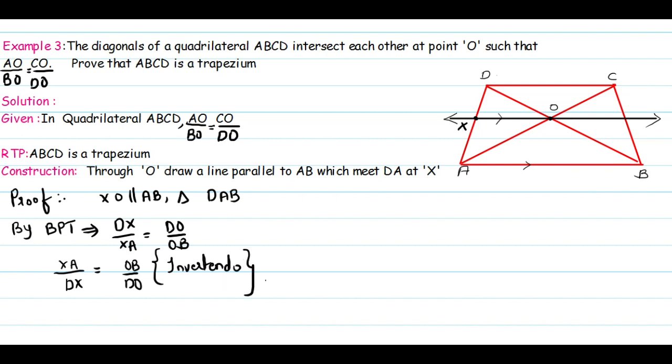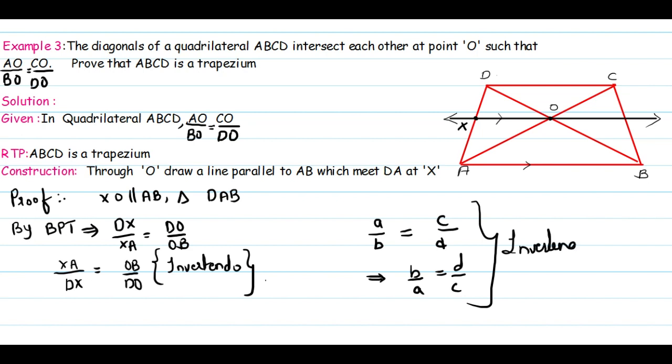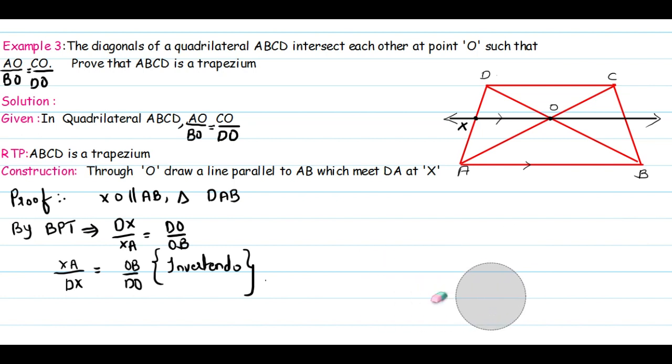If you have A by B equal to C by D, then by invertendo we can say that B by A will be equal to D by C. So, using that, DX by XA is equal to DO by OB we got by BPT, and applying invertendo we have written XA by DX is equal to OB by DO. Let us mark this as equation 1.